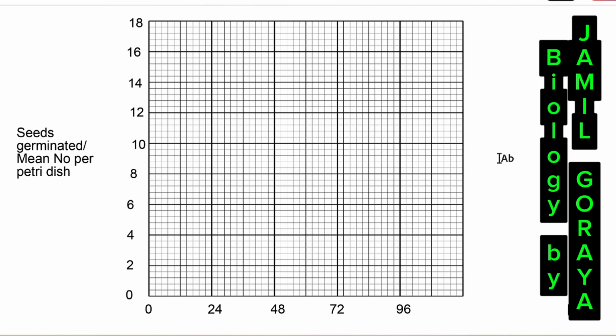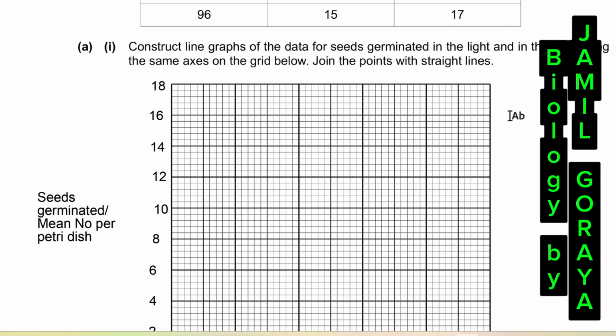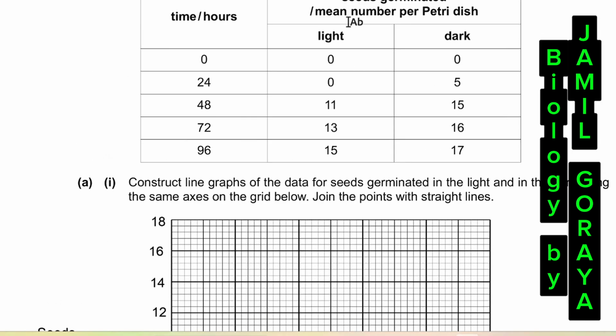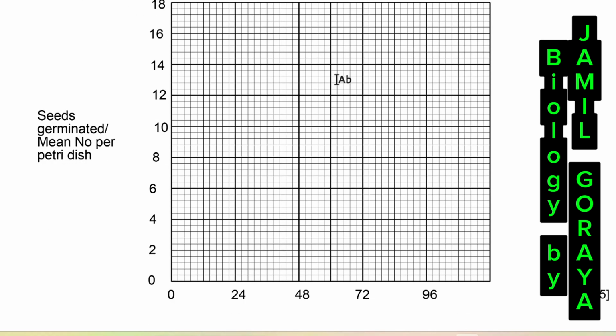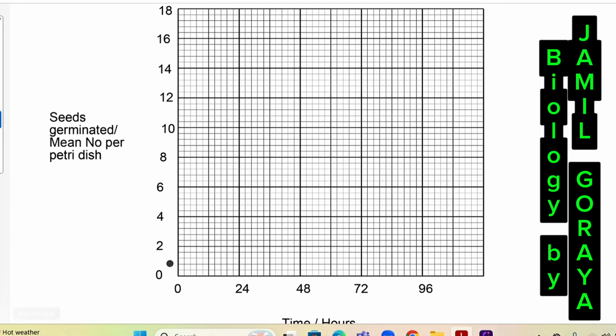Now let's move to the third point. Next step is plotting the data. First we will plot the data for light and then for dark, and we will make two separate lines and label them. So let's start with this one, 0, 0, then 11. First value is 0, so we will put a dot at 0.